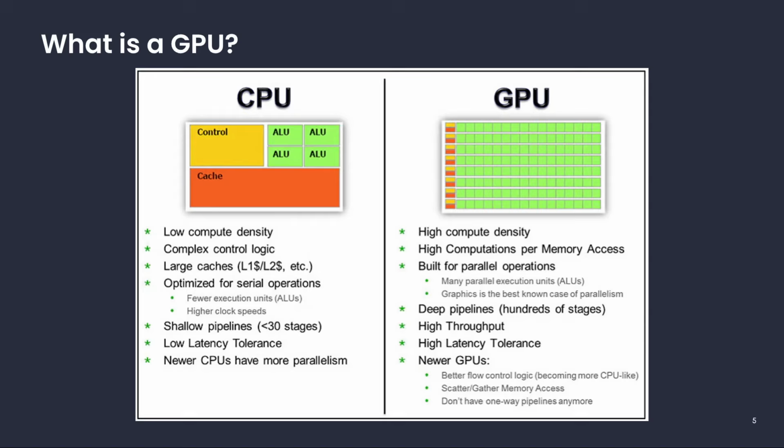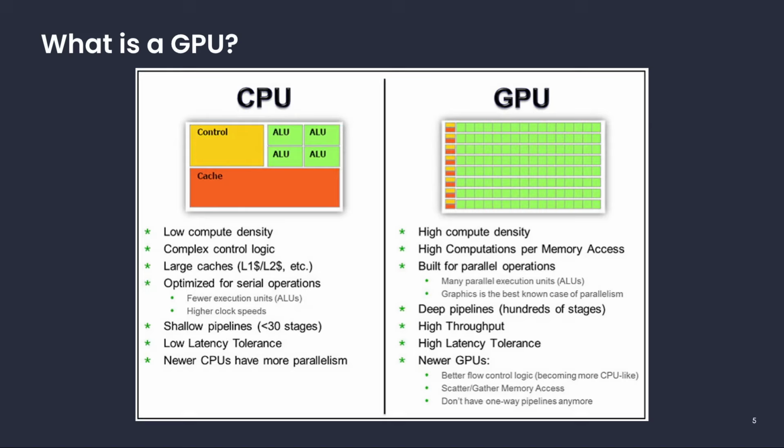So you can see a single CPU has only a small number of cores, so low compute density, complex control logic. Cache is large, optimized for serial operations.